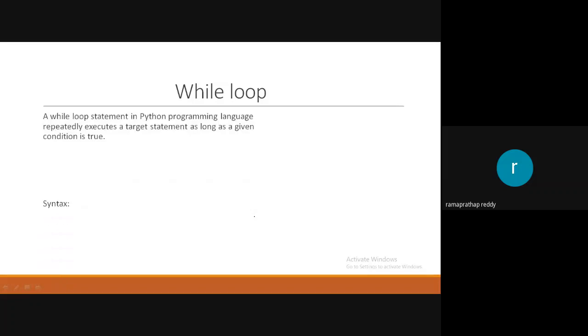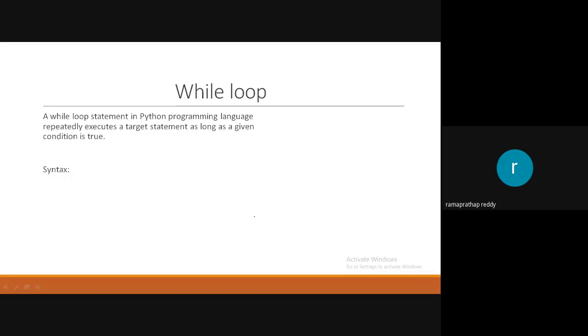So this is the definition: a while loop statement in Python repeatedly executes targeted statements, a block of statements, as long as the given condition is true. The group of statements are repeatedly executed whenever the condition is true.